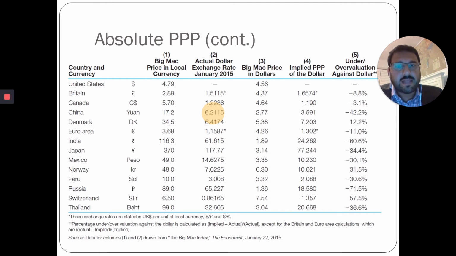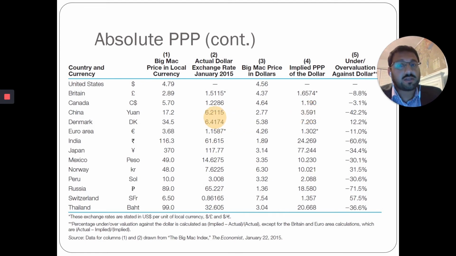It clearly seems that the yuan is undervalued and the US dollar is overvalued, because the theory suggests that 1 unit of US dollar should be equal to 3.59, because once you divide 17.2 yuan by 4.79, this is the exchange rate you will get, which is called the implied purchasing power parity exchange rate: 3.591 units of yuan to buy 1 unit of the US dollar.